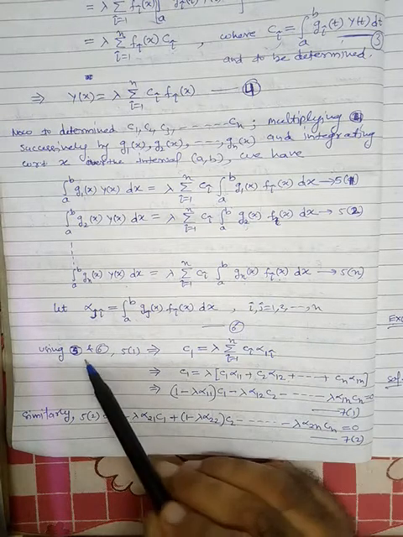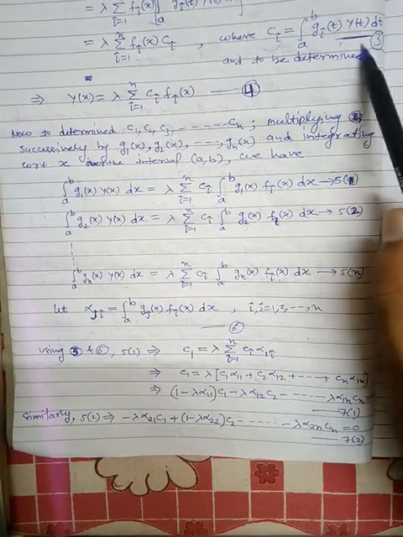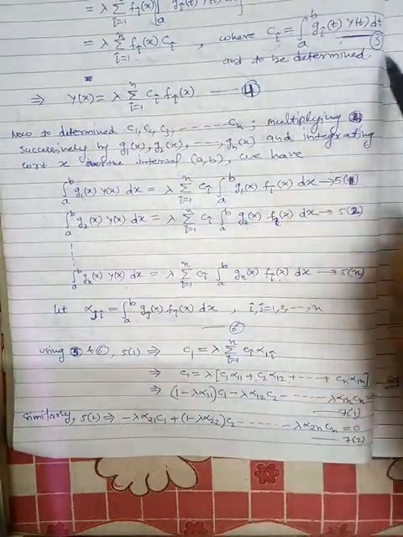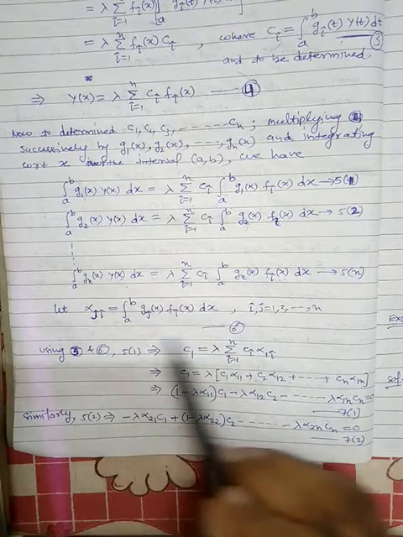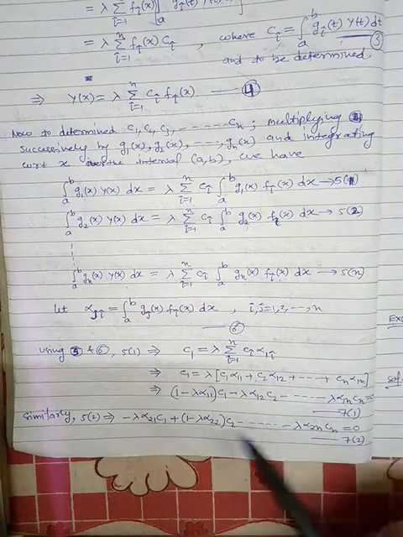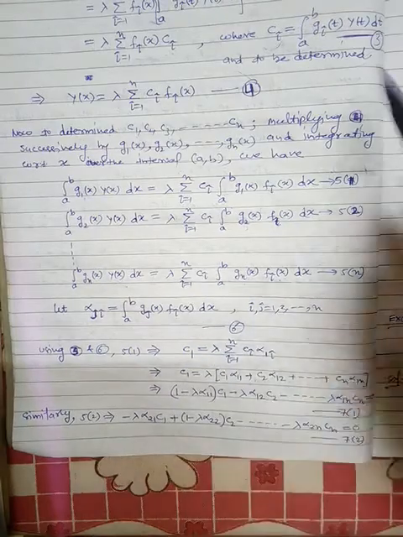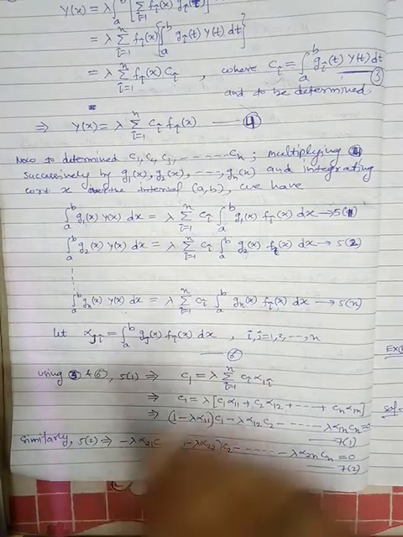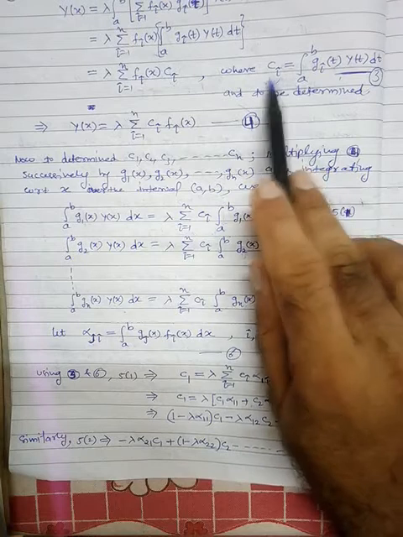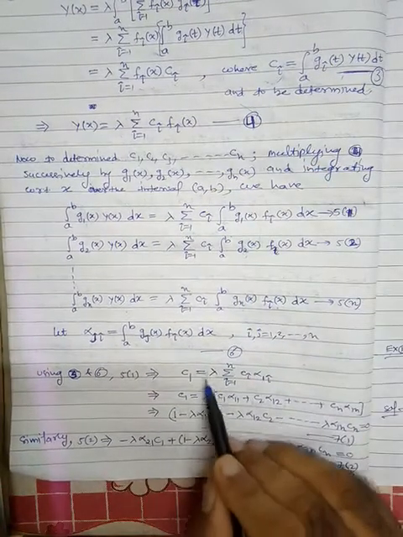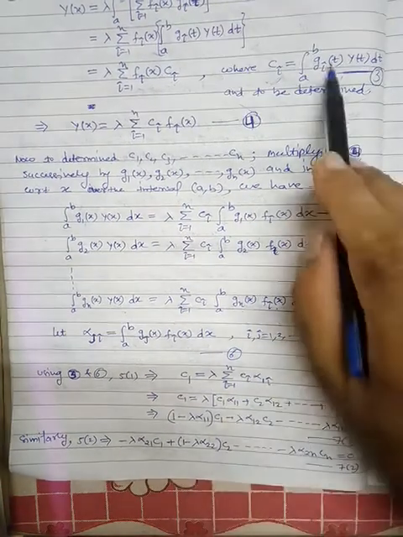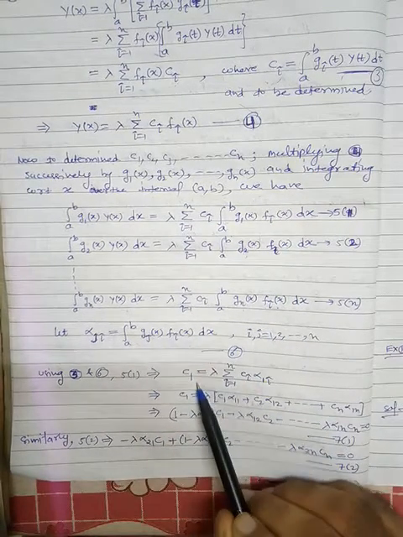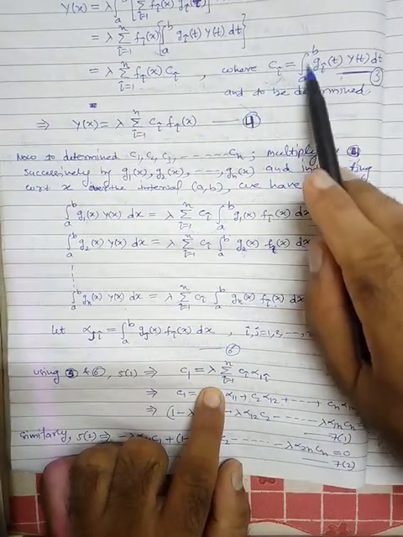So now, this equation is the third, this is the fourth. So from equation number 3, equation number 6, and equation number 5.1, what will we get? Because we are using 5.1, and 5.1 means g_1, and g_1 means here 1, we are basically finding c_1. So c_1 is equal to lambda summation of, from here, what is c_1?